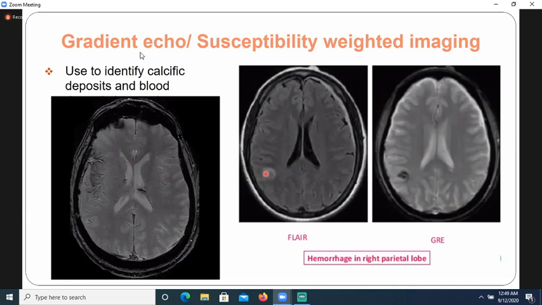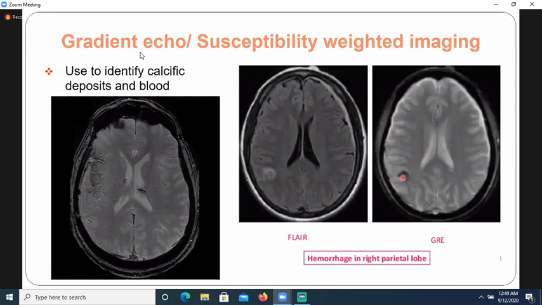Basically, this is the FLAIR sequence. You see there is an abnormal white signal in the right postparietal region. It is inconclusive whether it is a hemorrhage, an infarction, or something else. When we do the SWI or a gradient echo, it shows the dropout signal.